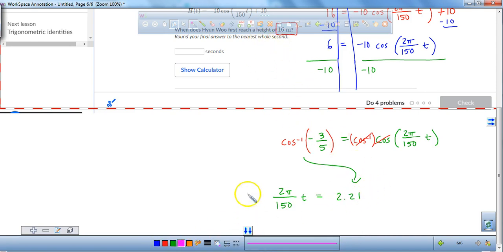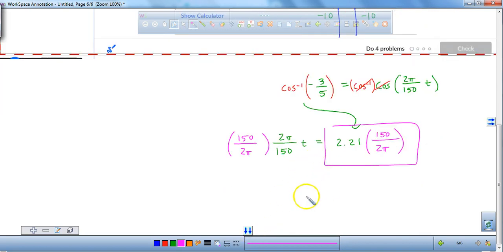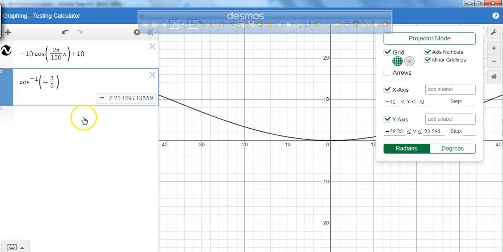Now the last thing we're going to do to solve for t is multiply both sides by the reciprocal of 2 times pi over 150, which is 150 all over 2 pi. We're going to find out whatever that approximate answer is, and we're going to trust it, type it in, and see if we got it right. So I'm going to go over here to my handy-dandy calculator.